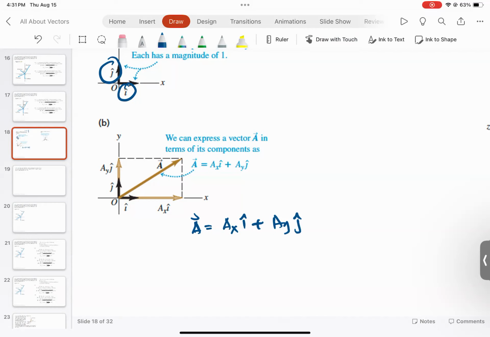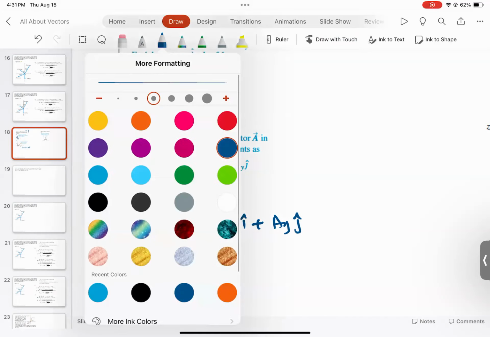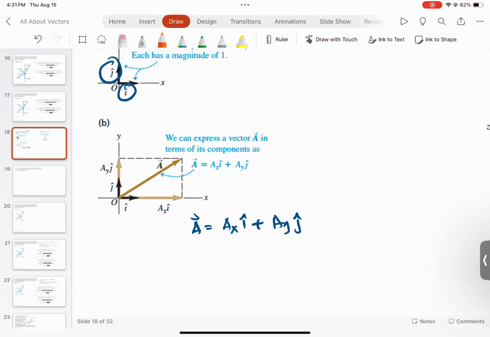So, pag may nakita kayong unit vector na I hat, yung coefficient niya ay automatically yung x component ng vector na yun. At pag may nakita kayong unit vector na J hat, yung coefficient niya is yung y component ng vector na yun. So, this is the x component of vector A, and this is the y component of vector A, and yung indicator ay yung mga unit vectors na yan.